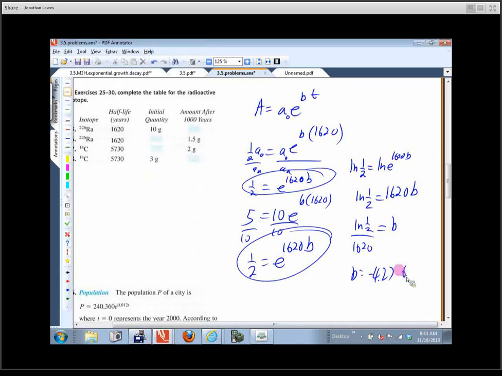So b in this case is negative 4.27868 times 10 to the negative 4. So that means we're going to move it over 1, 2, 3, 4 places. So that means b is the number negative 0.0004278. We'll say that that's close enough.